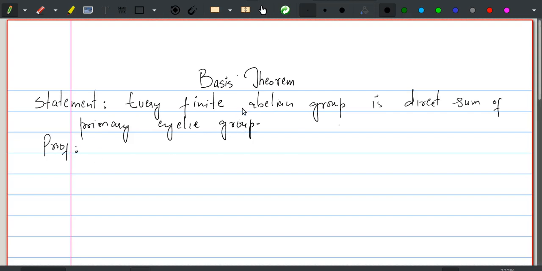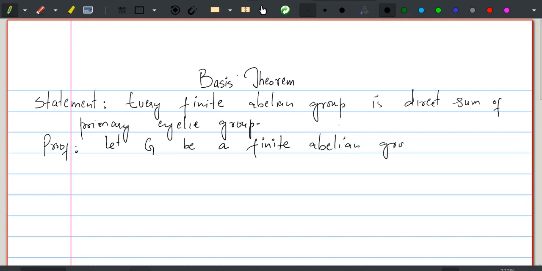Now let us consider a finite abelian group G. So let G be a finite abelian group. We may assume G is p-primary for some prime p.